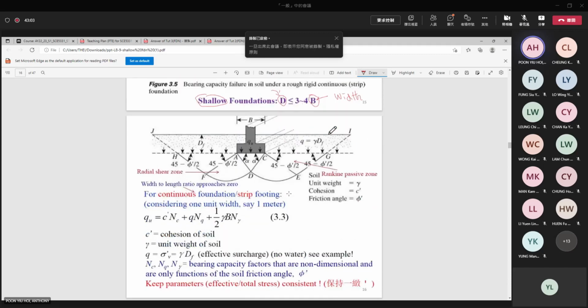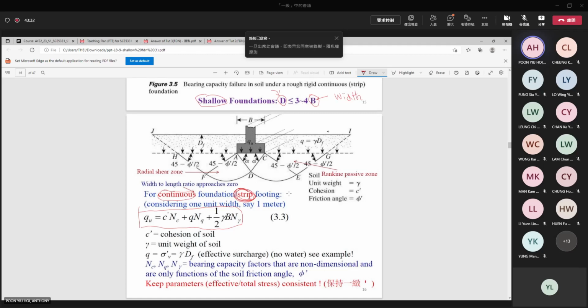Okay, so again, this is the solution obtained by Terzaghi for a strip foundation. Remember that this equation is for a strip foundation, or sometimes we call it a continuous foundation.